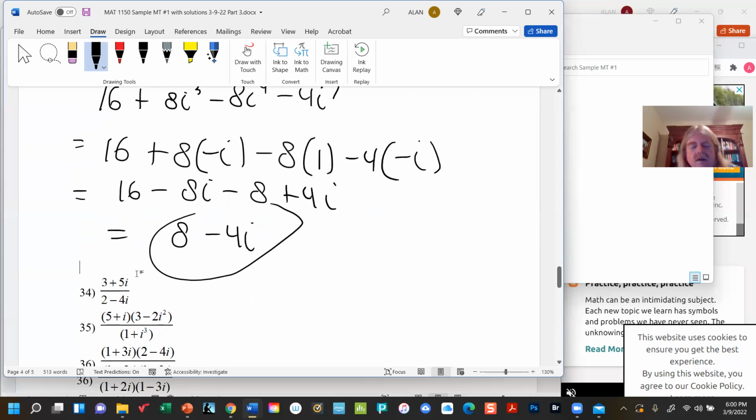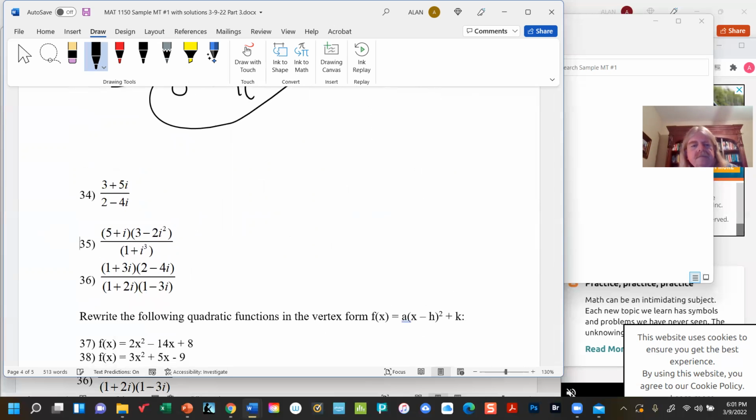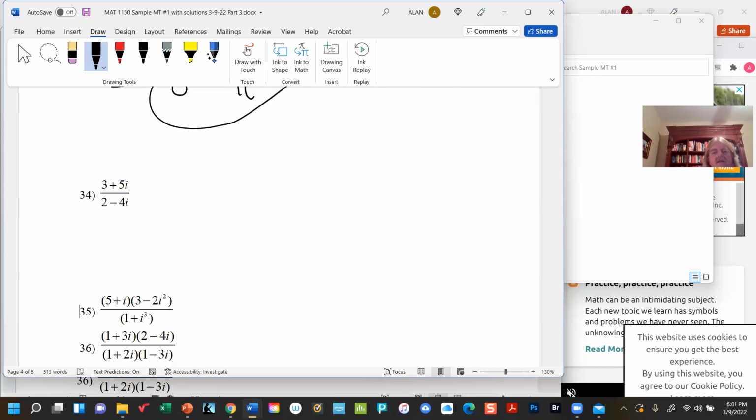Now, these are, of course, division, which means we will almost certainly need to get involved with complex conjugates. All right, here we go. So we'll take this one. And the complex conjugate for 2 minus 4i is 2 plus 4i. Okay.